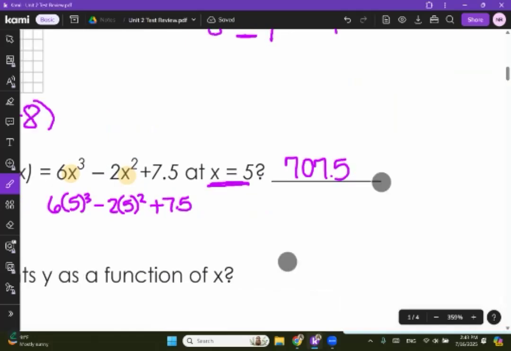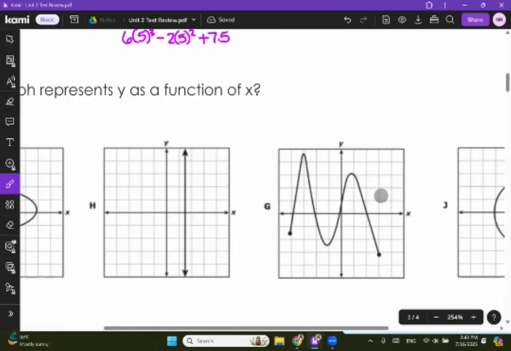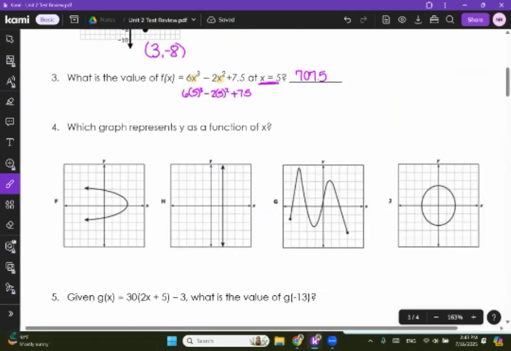Okay. Number 4, which graph represents y as a function of x? Functions. Does the x value repeat, yes or no? One way to handle it, especially because this is a multiple choice question, is just to see if they repeat. If you look at f, that one repeats because it crosses twice. H, that one, a vertical line over another vertical line, is going to repeat indefinitely, multiple spots.